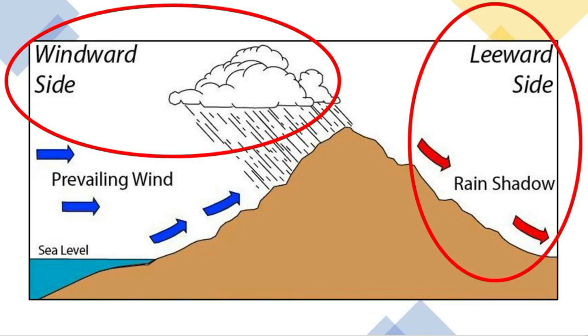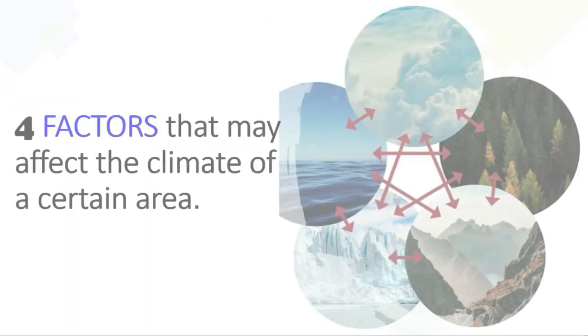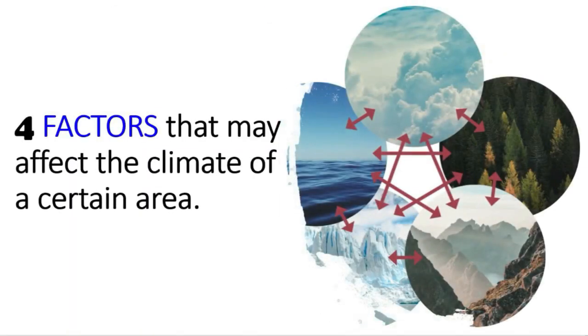The leeward side receives less precipitation. Hence, it is dry and has less vegetation compared to the windward side. And those are the 4 factors that may affect the climate of a certain area.